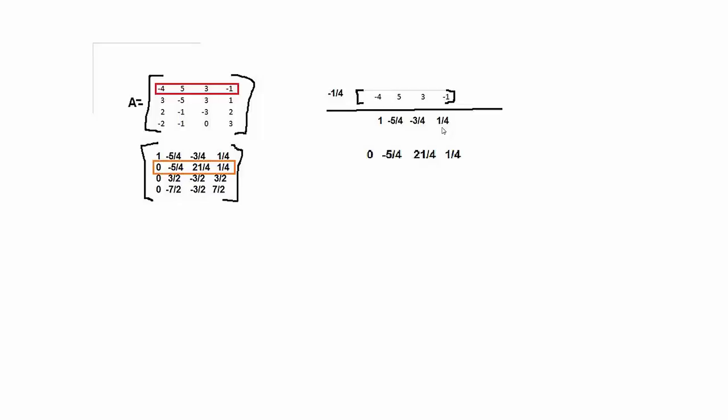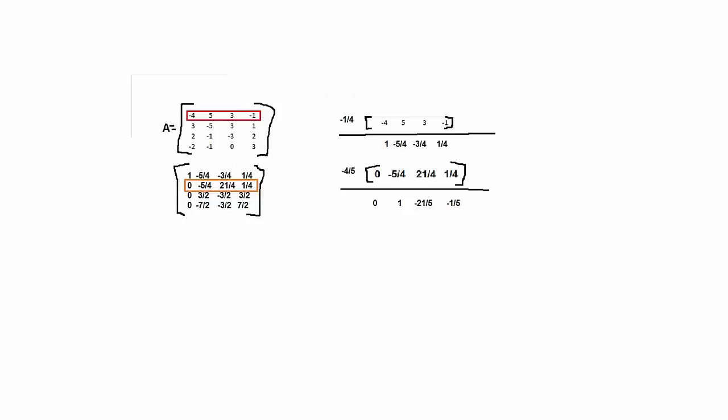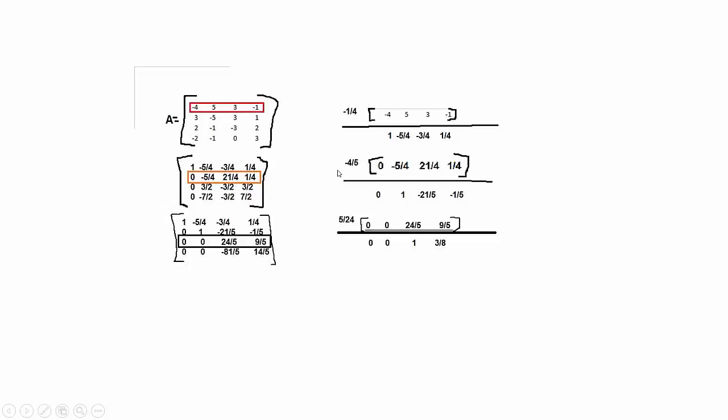Now in the other line we're going to use the same process in order to get the result. Here we are going to subtract the 3, and then we are going to divide by the second term in order to get a 1 in the second column, in the second row.